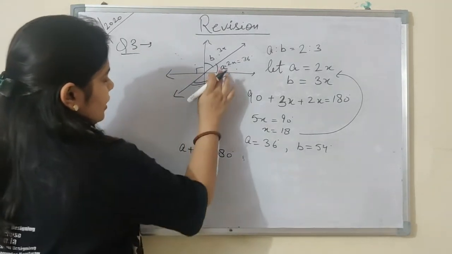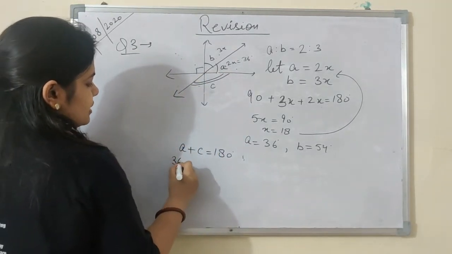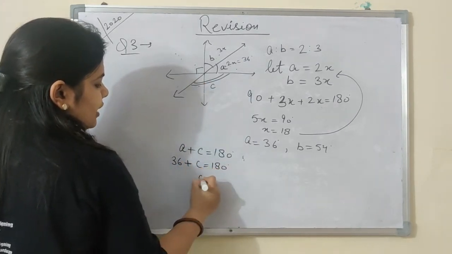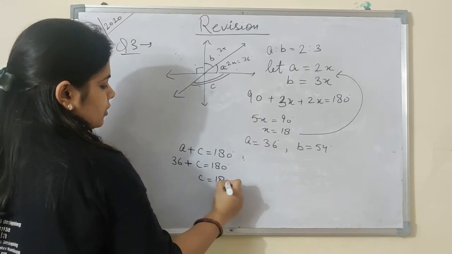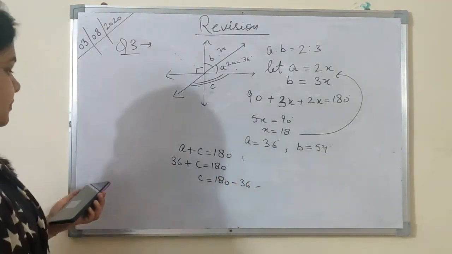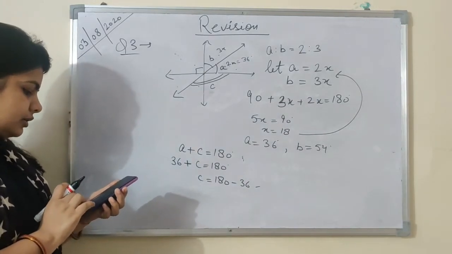So we can apply the property of linear pair, that is 36 plus C, which we don't know. So we can find the value of C from here. Like this you can solve it and you will get the answer. So this was question number 3.